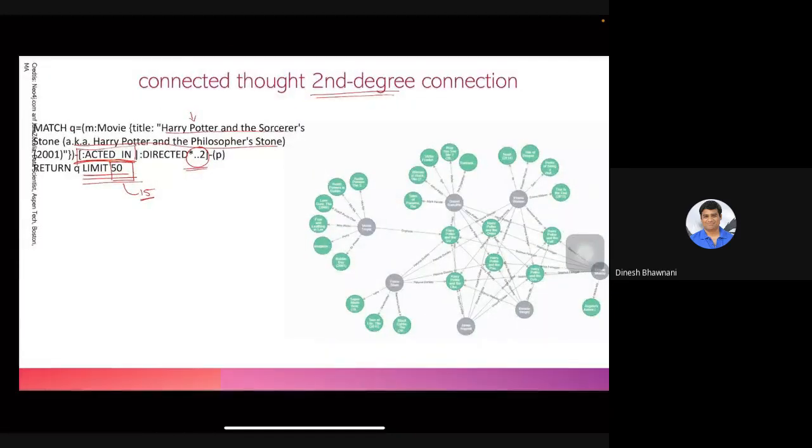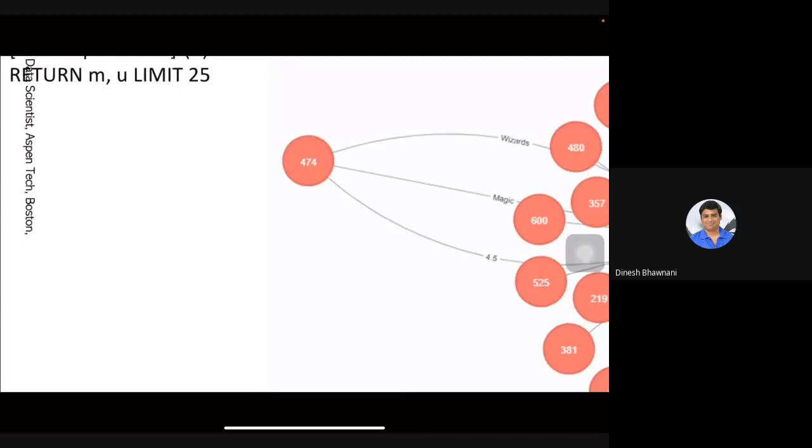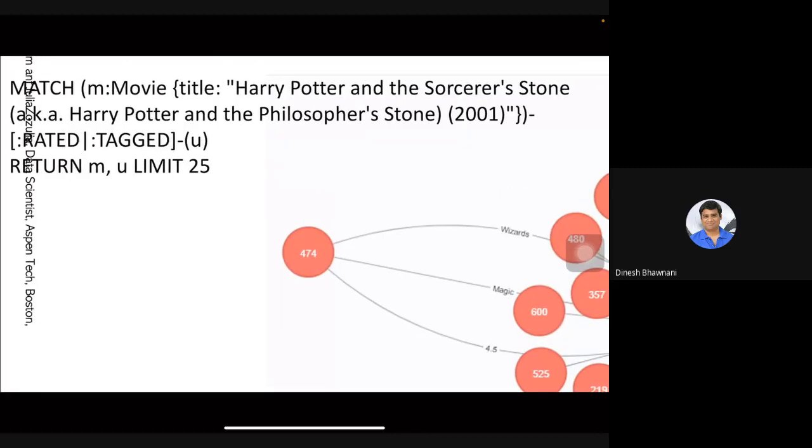Okay, let's proceed. If you want to find out who liked what in this anonymized world, what can you use? You cannot look up users by names now. So you have to use the tagged relationship by using the pipe operator: rated or tagged.